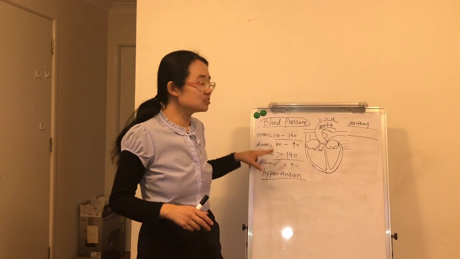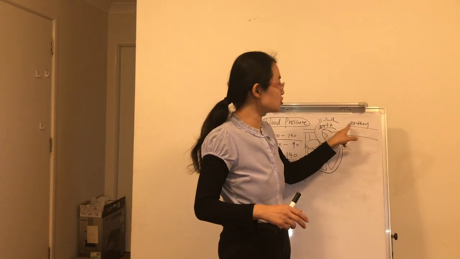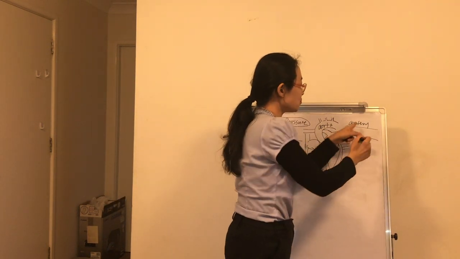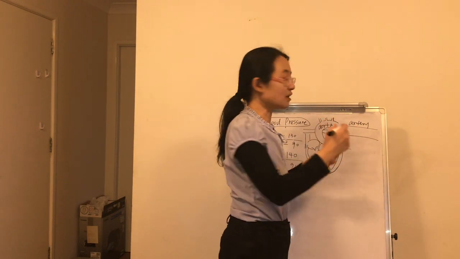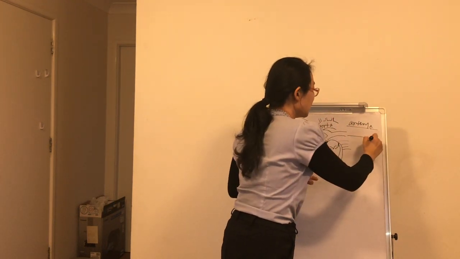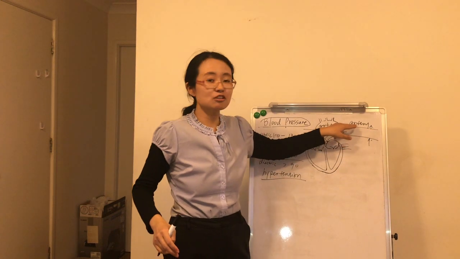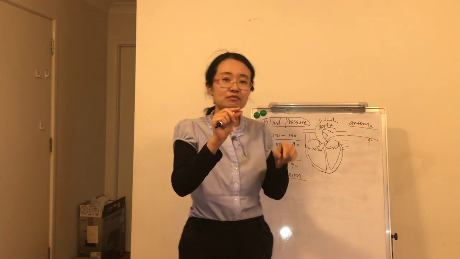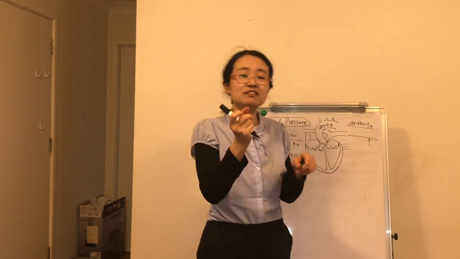Why is hypertension risky? Think about our artery. If the pressure inside your artery is really high, the blood exerts high pressure on the artery wall. The artery wall is made of layers, called the endothelium.